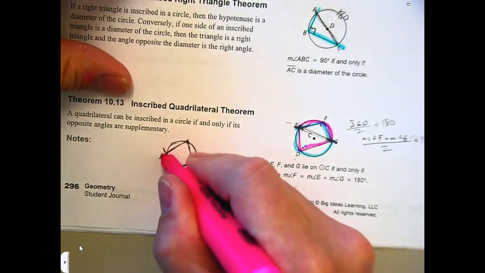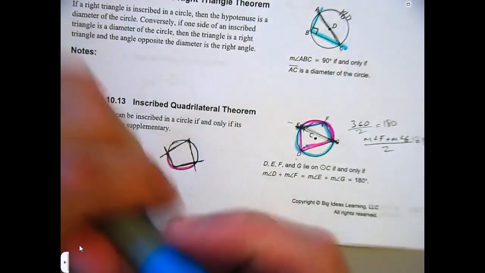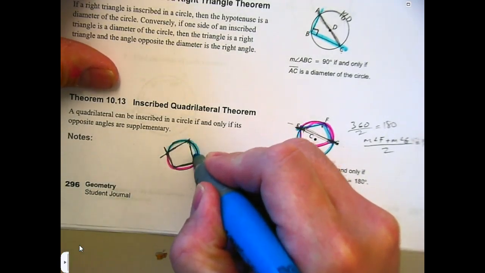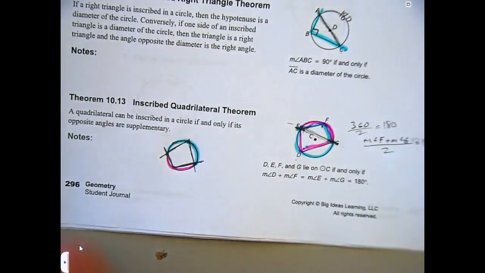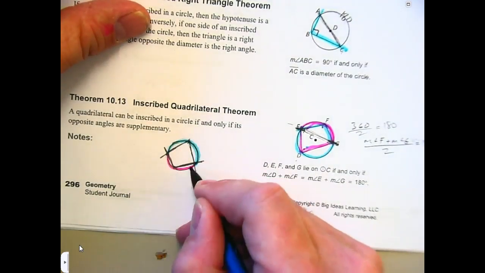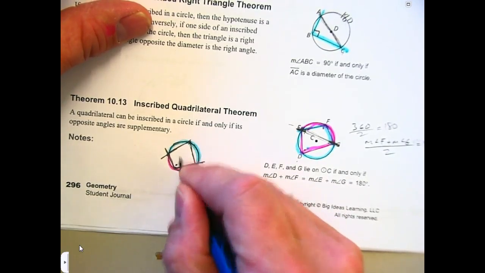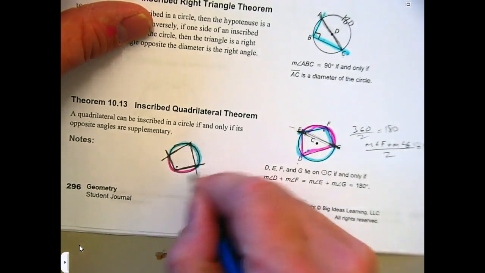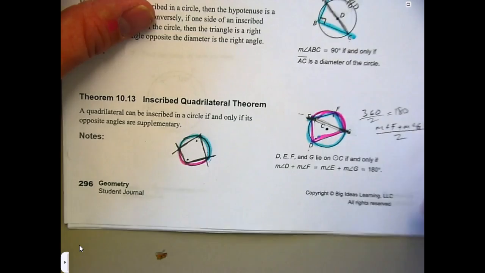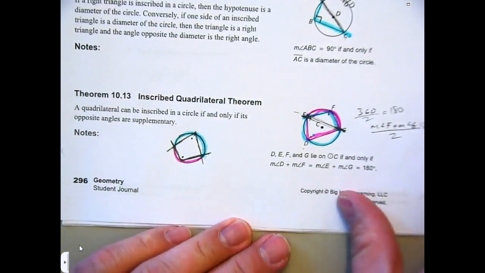Has anyone figured out how to do that if the angles are on the circle? Notice if you were to take different colors and trace them, you would take up the entire circle each time. Meaning this arc plus this arc equals 360. So half of that arc plus half of that arc would have to equal 180. That's what's happening there. So you're applying the formula we talked about at the beginning.